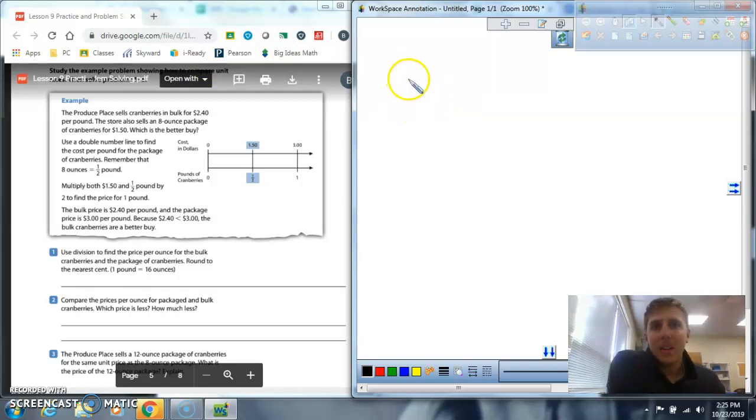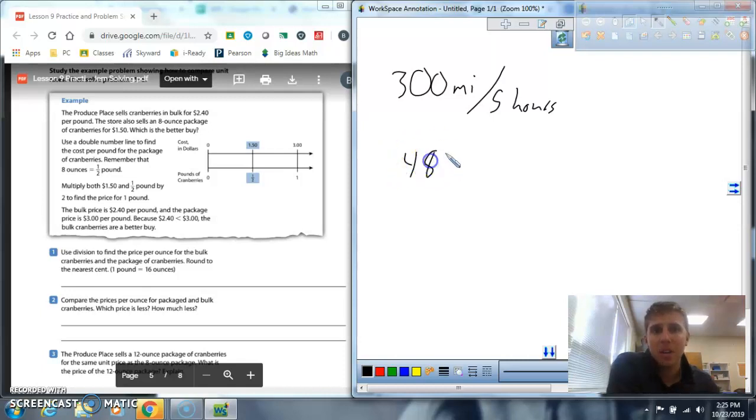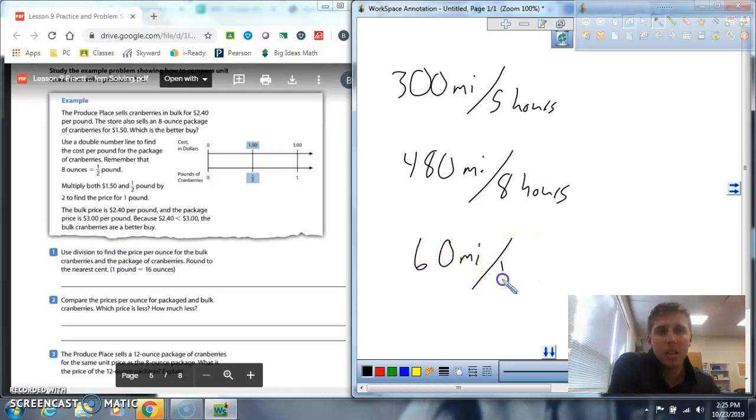So, anything that we have with that reduces to the same unit rate. 300 miles in 5 hours is the same proportionally as 480 miles in 8 hours. And both of these are the same as 60 miles per 1 hour. Okay? It's 60 miles per hour, and they're all going to be proportional.